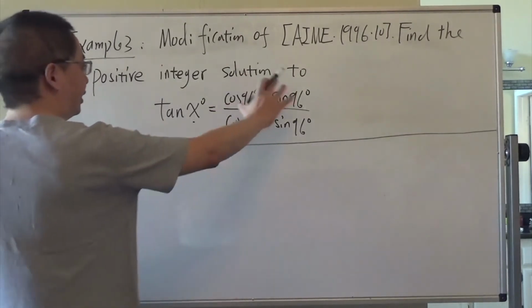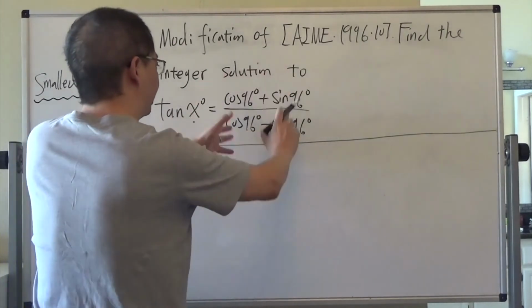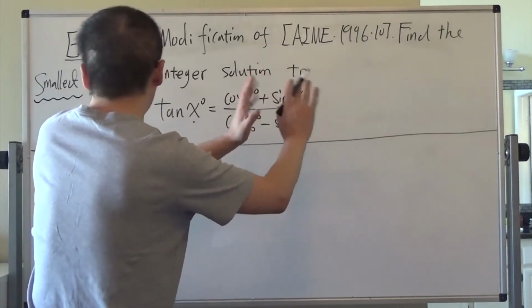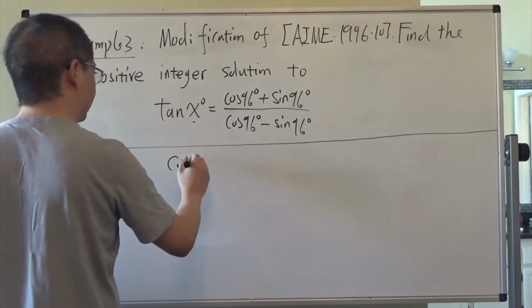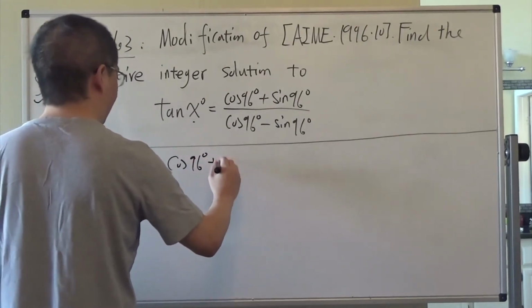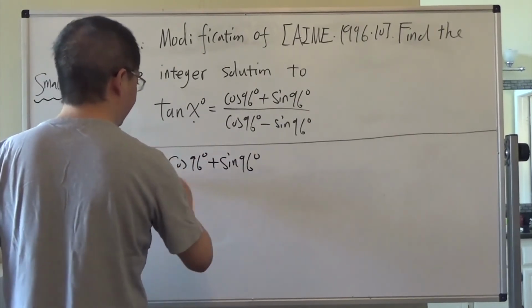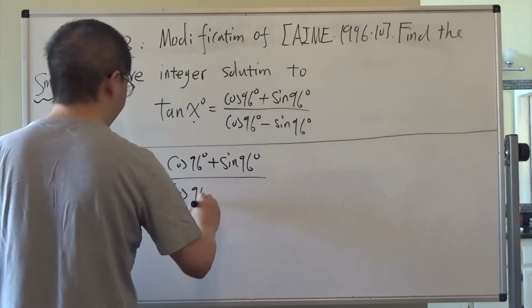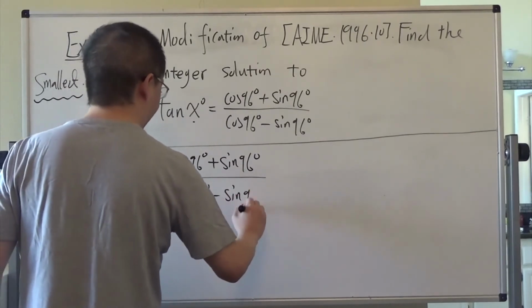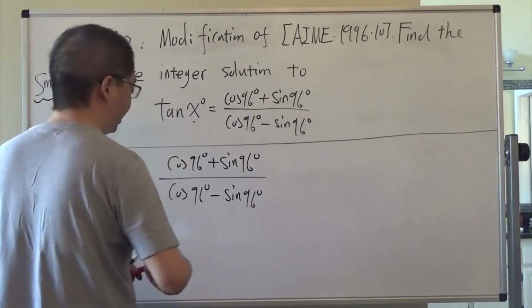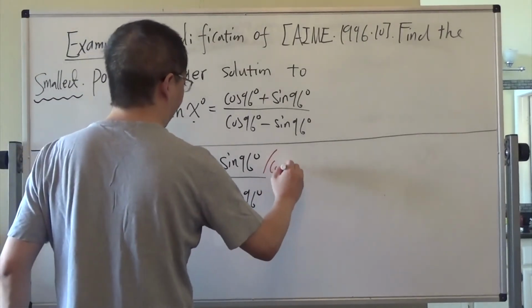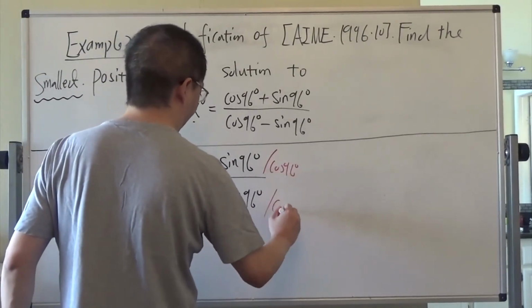Solution. As I said, the idea is I will try different ways to convert this into something that only involves tangent. So we have tangent x equals cosine 96 plus sine 96 over cosine 96 minus sine 96. We divide cosine 96 on the top and on the bottom.